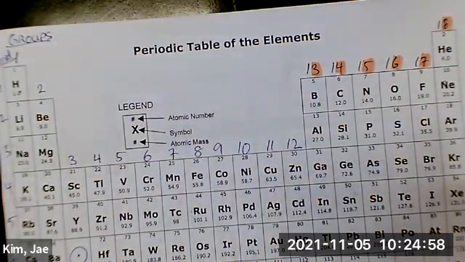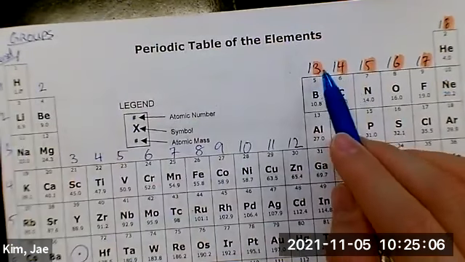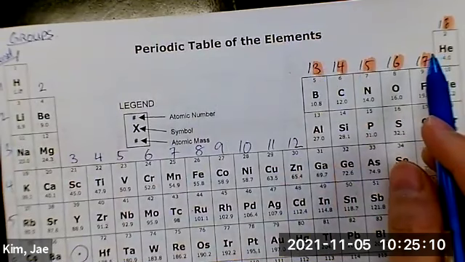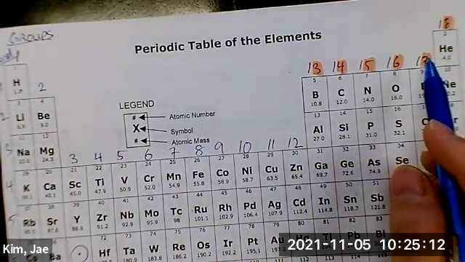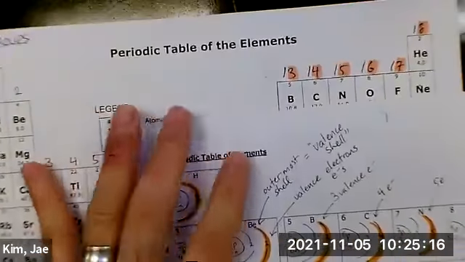Next, what else should I talk about? Oh, you know what? Might as well talk about why. The reason why I want you to focus on the last digit here is because if you recall from our previous exercise, so this is boron, right?